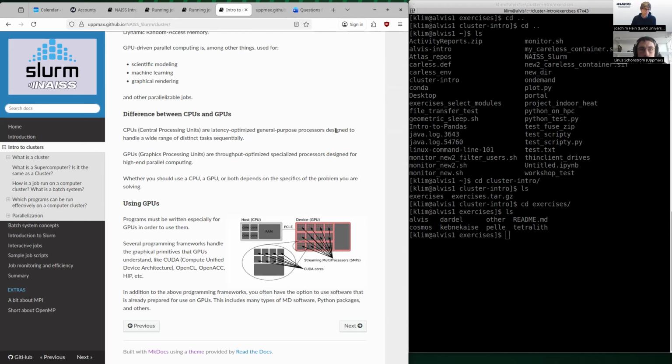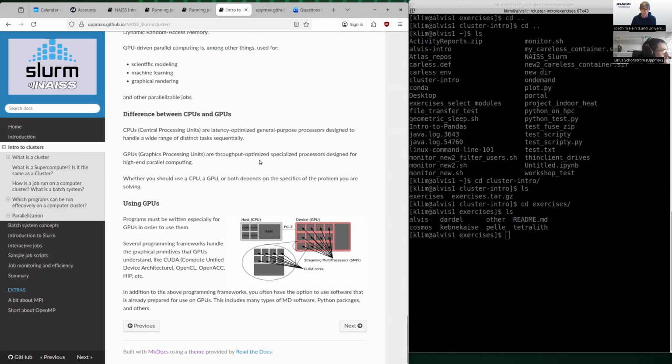So you have to adapt your code a little bit in order to use the GPUs. This can be done through several programming frameworks like CUDA, OpenCL, OpenACC, HIP, etc., or you can use it through software, like Python packages.